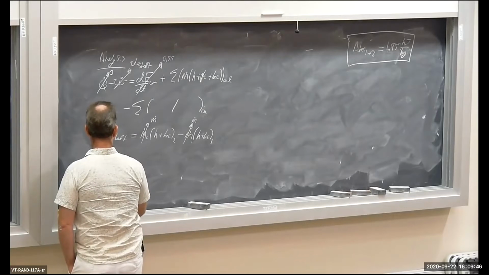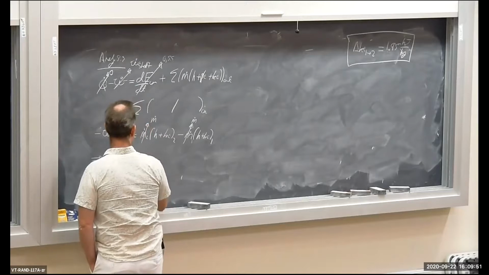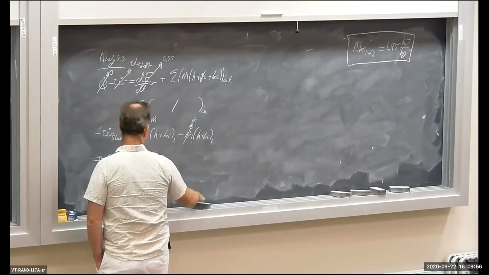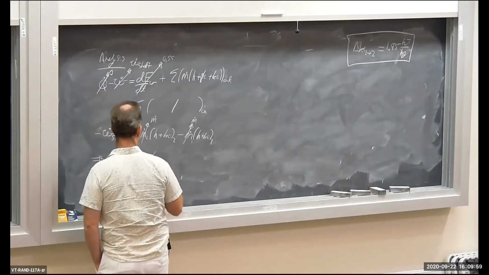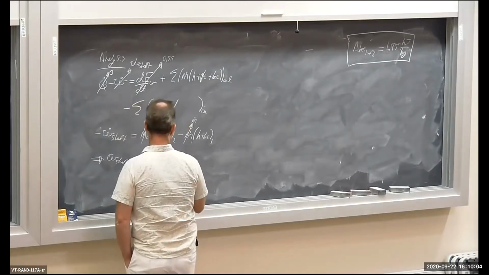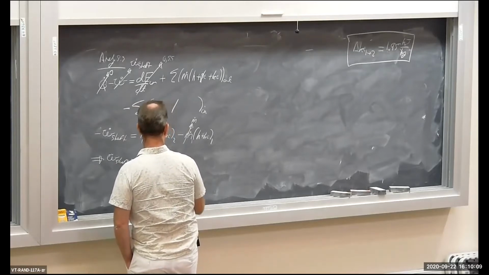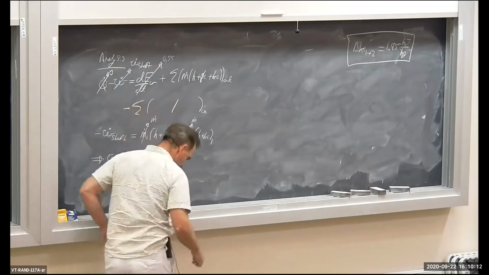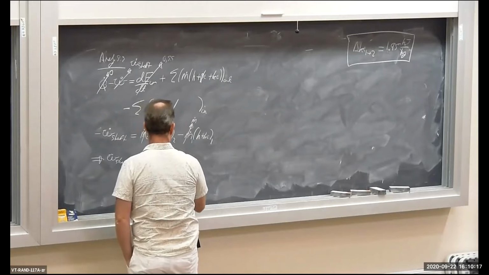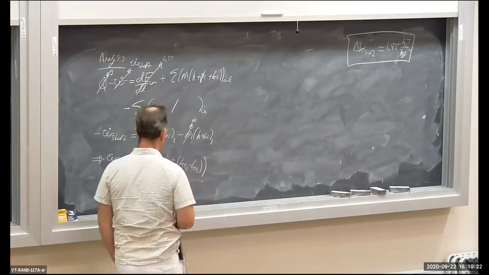W dot shaft is negative m dot delta H, so H2 minus H1 plus KE2 minus KE1, okay?